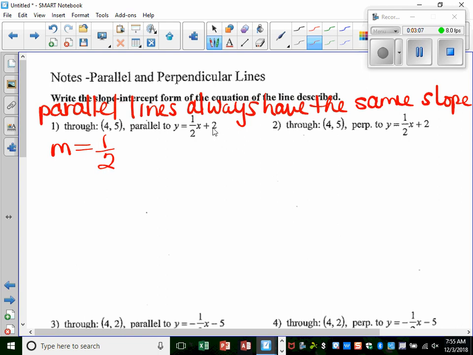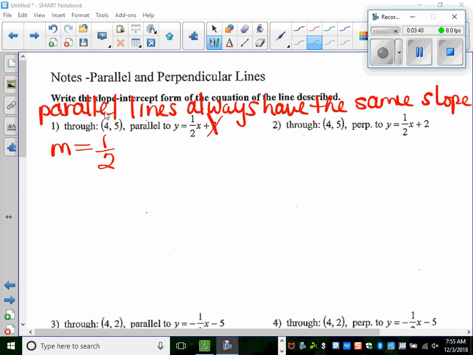So what you are getting from this information that they give you, because they're just going to give you an equation, the reason they give you the equation is because they want you to identify the same slope because they're parallel. Okay, this number right here doesn't even matter what that number is. That is not why they're giving it to you. They're giving you this equation because you have to get the slope. Now that you have a point, here's your point.